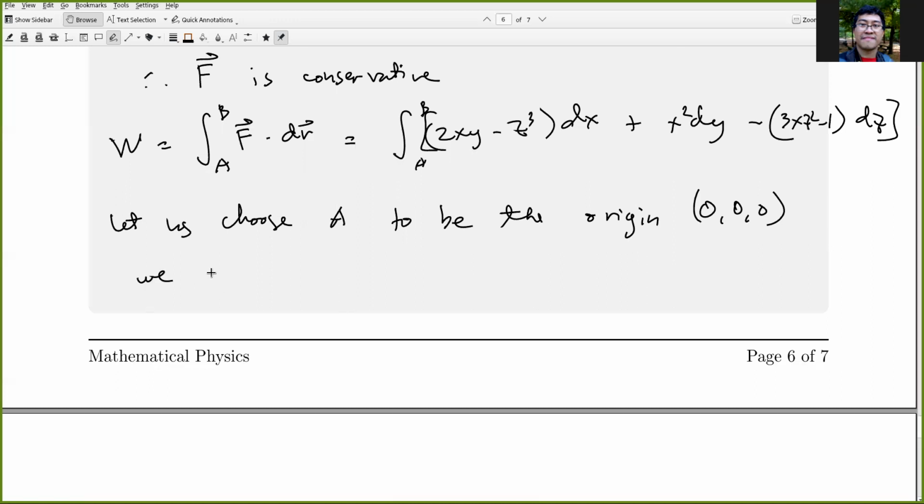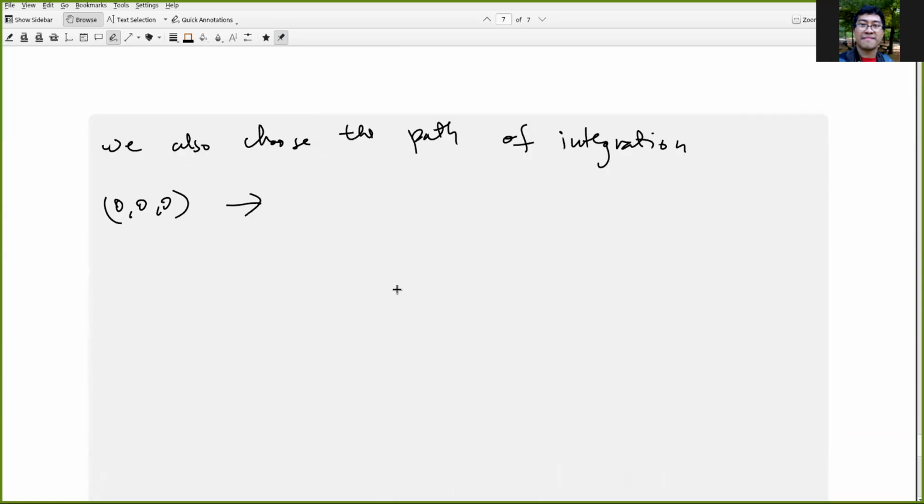We arbitrarily choose to go from A, which is at the origin, to B, which is at x, y, z. So it could be any point. And A could be any point also, but for convenience, we chose the origin.